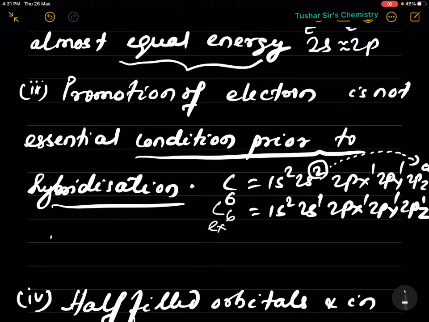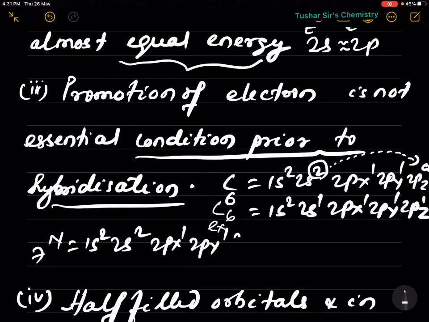But in case of nitrogen, 1s2, 2s2, 2px1, 2py1, 2pz1, what happens? There is no 2d. In case of nitrogen, there is no 2d, so the 2s electron cannot jump to higher orbitals.